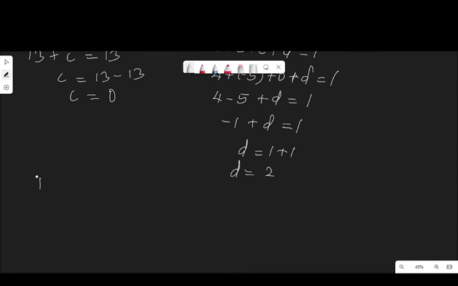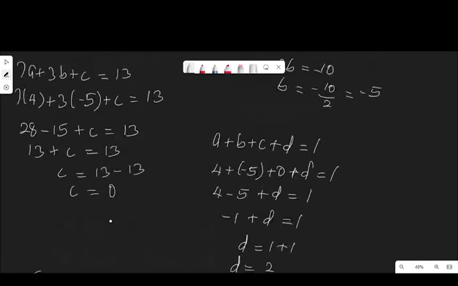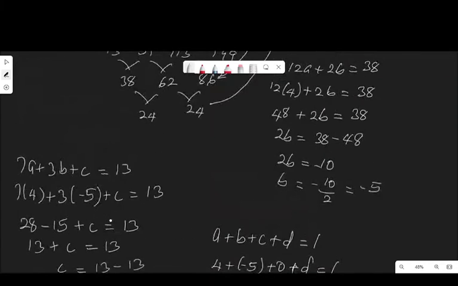And recall that Tn is an to the power 3 plus bn to the power 2 plus cn plus d. a is 4, so 4n to the power 3. What is b? b is minus 5.